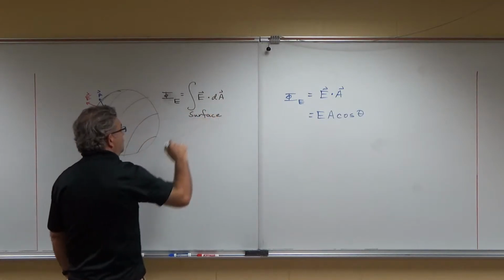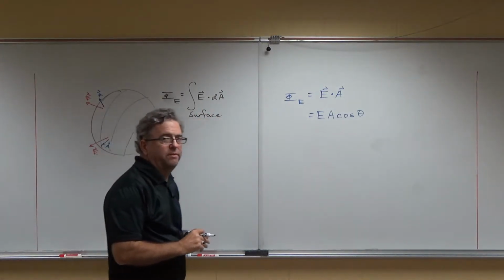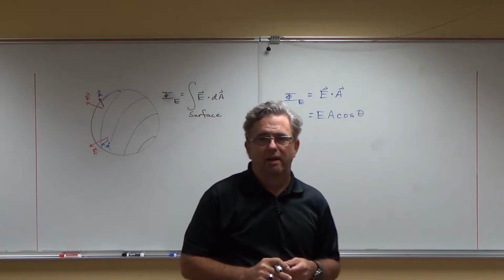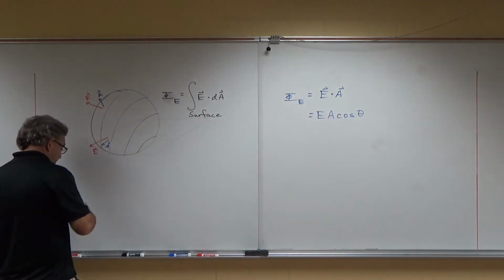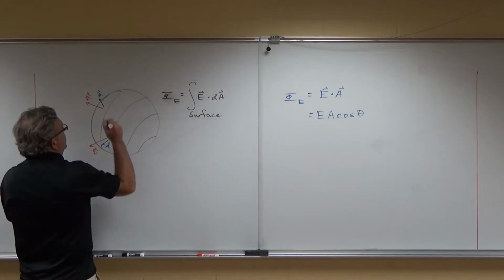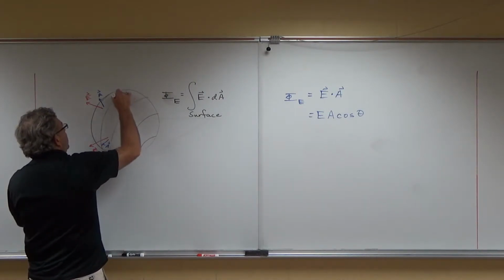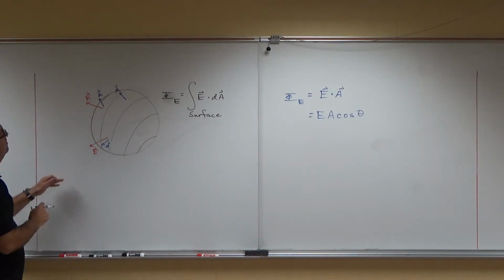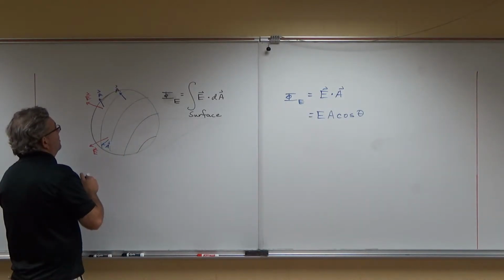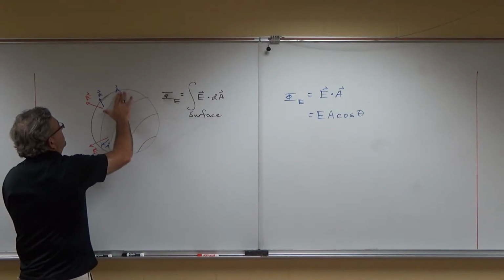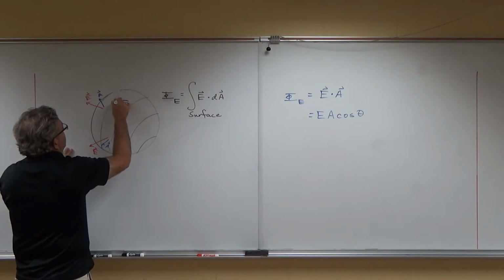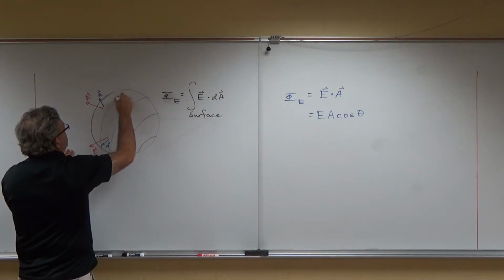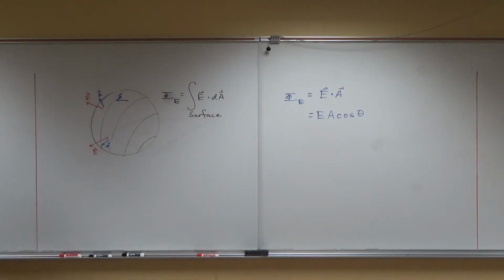Let me explain what this little bit of area means. I take a little section of the sphere, so here's a little area for that section. Let me make it coming out like this, something like that.